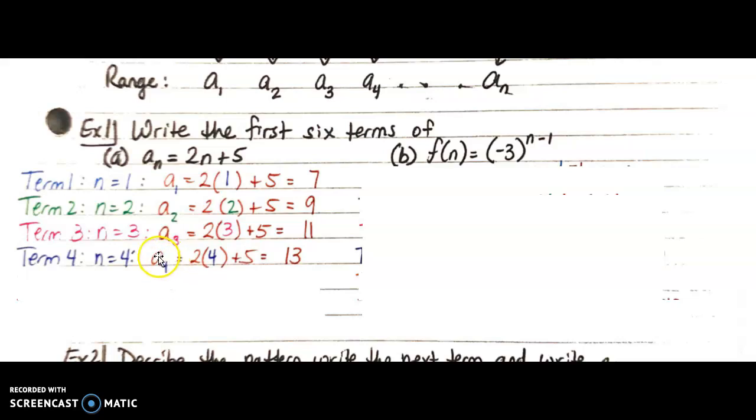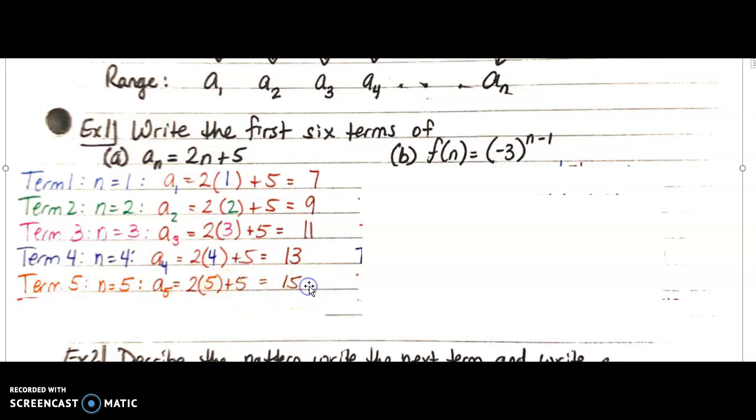A sub 4 is equal to 2 times 4 plus 5, which equals 13. Similarly for the fifth term, n is equal to 5. So a sub 5 is equal to 2 times 5 plus 5, which is equal to 15. So 7, 9, 11, 13, 15.